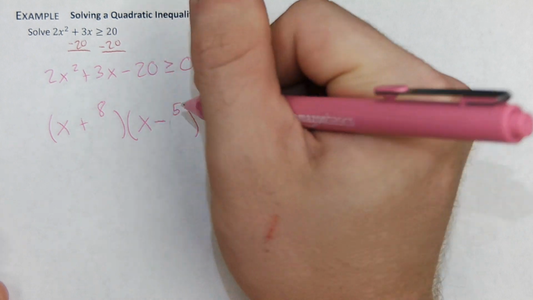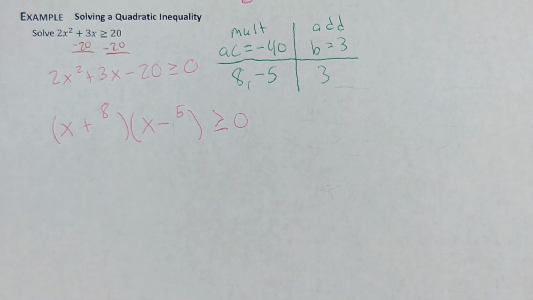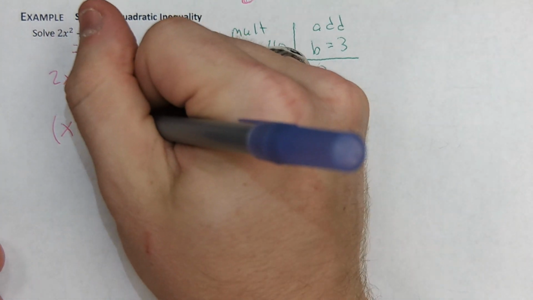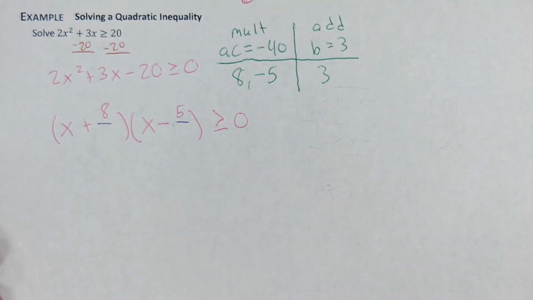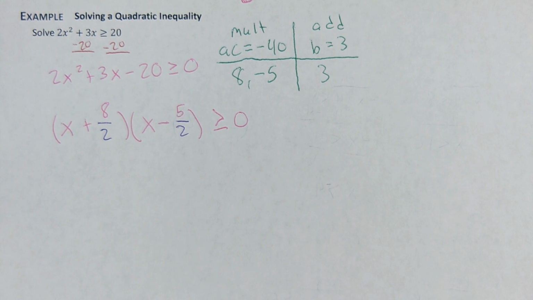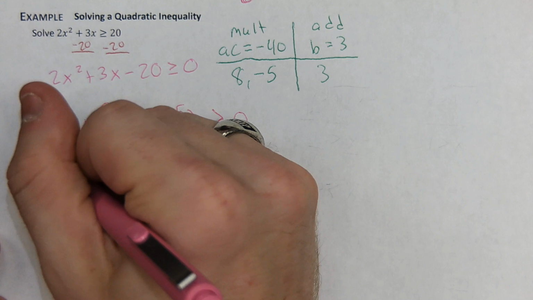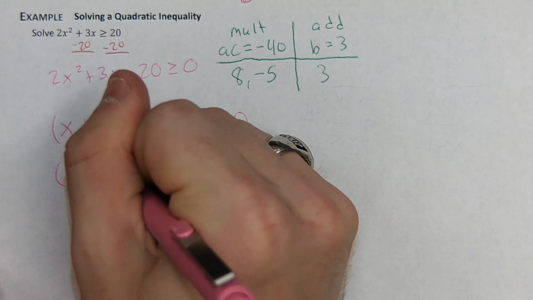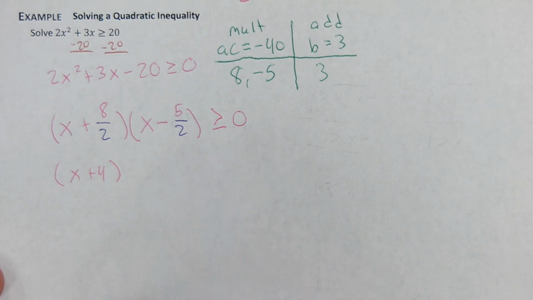But we have to account for the fact that there was a 2 on the front of this thing, so we will say over the a value of 2. Now 8 over 2 reduces to 4. And this won't reduce at all, so we're just going to leave it alone.